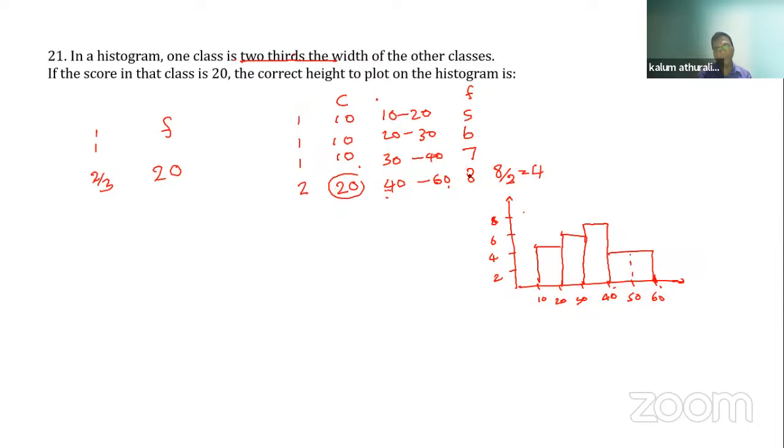Then we divide. 20 divided by 2/3, and 2 times 3/3 is 30. Frequency will be 30. Right. Next. Understood?